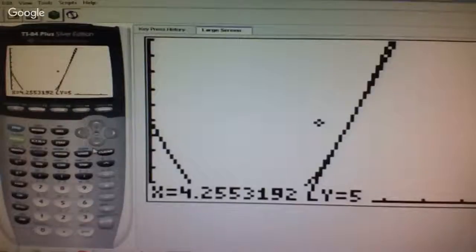Okay, I'm going to turn on the light because it's hard to see those calculator screens. How far over did you go? As long as you go past your picture, you want to go past your picture. Yep.